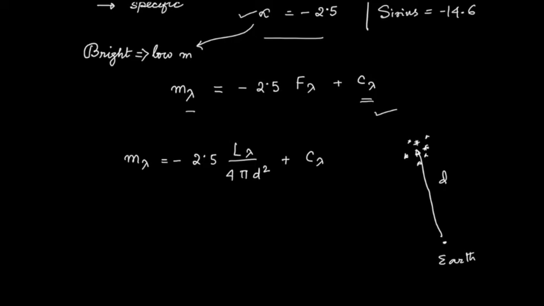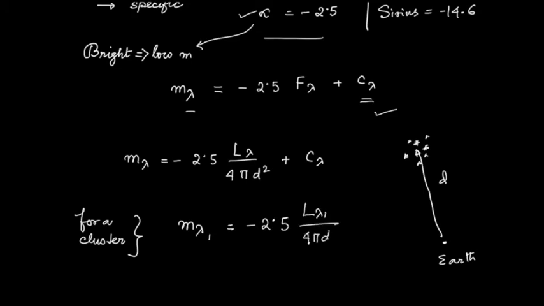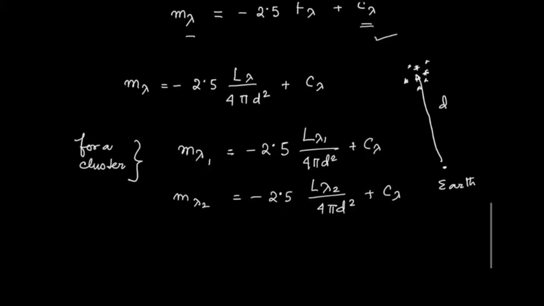So if I ignore that, then for a cluster, I will have m lambda 1 as minus 2.5 L lambda 1 by 4 pi d square plus C lambda, and if I have m lambda 2, that will be again minus 2.5 L lambda 2, because the two stars can have different luminosities, but they are almost the same distance away, and I'm looking at the same wavelength, so C lambda is the same.